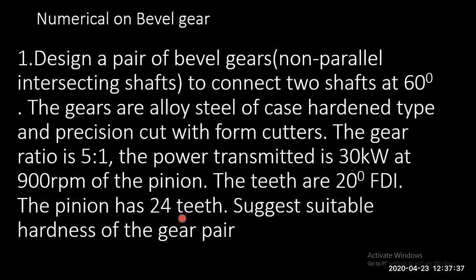You take it as virtual number of teeth. Assume the customer is giving you the number of teeth required in a spur gear, equivalent to spur gear. That's why you note Z1 as 24. Don't note it as ZE1. Note it as a virtual number of teeth itself. ZE1 we'll find out later.